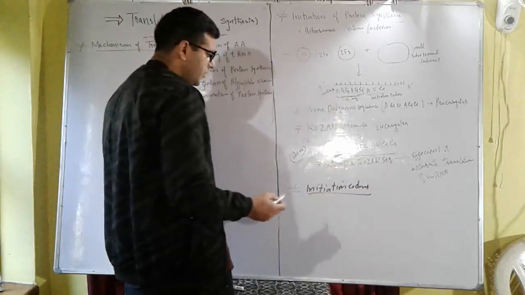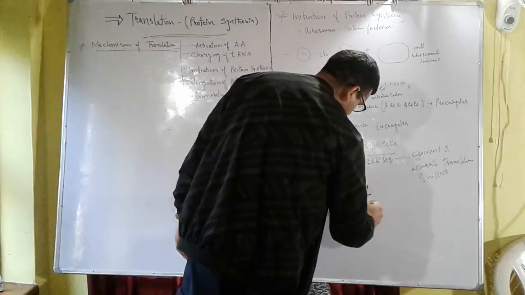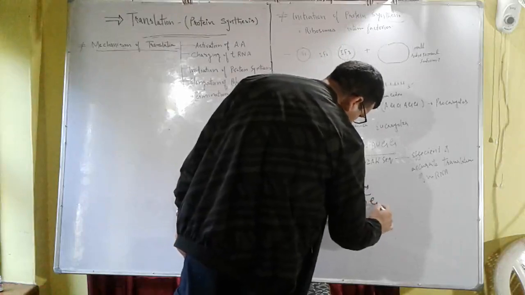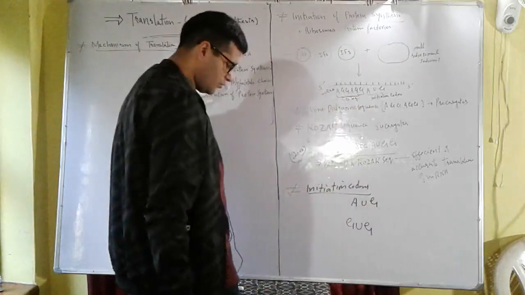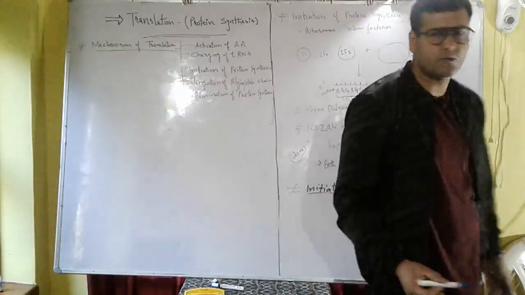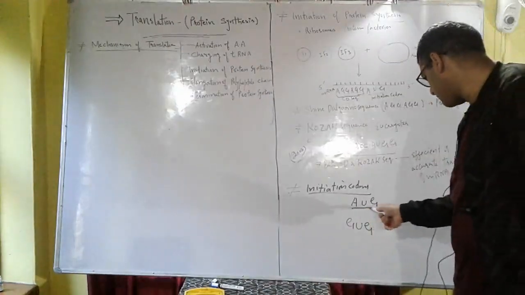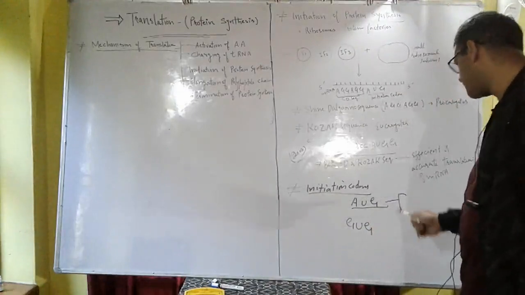Initiation codons are AUG and GUG. AUG is an initiation codon.